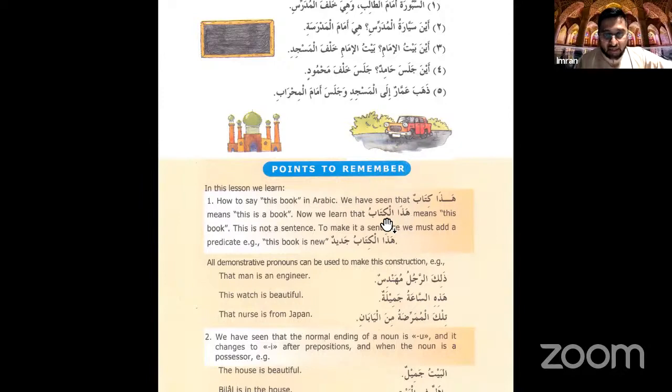Now, hadha al-kitabu itself. Whenever alif lam comes after hadha, hadha al-kitabu becomes a phrase together. As you can see in the translation, hadha al-kitabu is no longer "this is a book", but it will be translated without "is" between the two, and it will be called "this book".